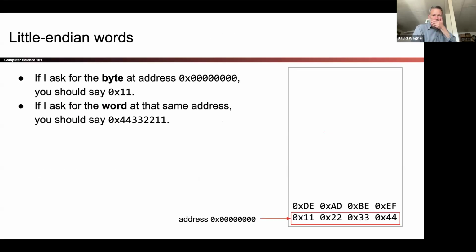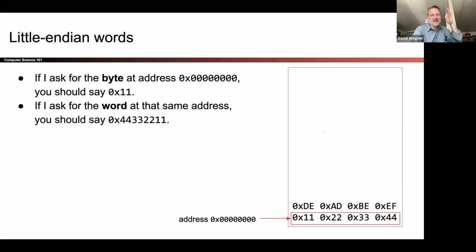All right. If I ask you for the byte at address 0, you should say hex 11. But if I ask you for the word at that address, that means the 4 bytes at that address. If you want to interpret that as a word or as a number, then you should remember it's in little endian, and so that word is hex 44332211.